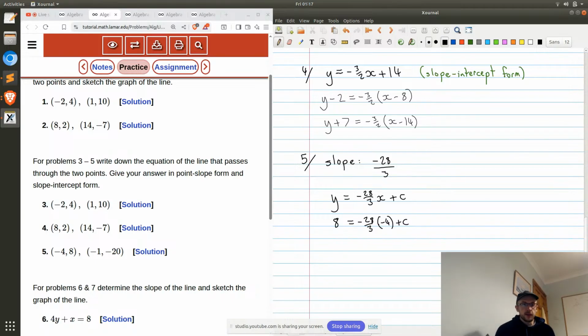So 8 minus 37 and a third, that's the same as -29 and a third. So I believe that slope-intercept form in this case is as follows.